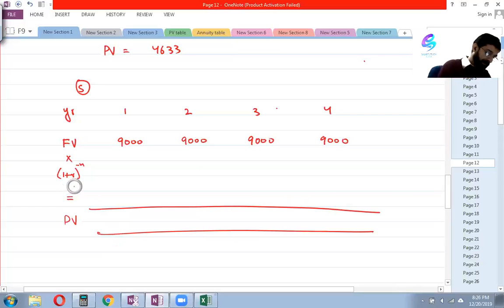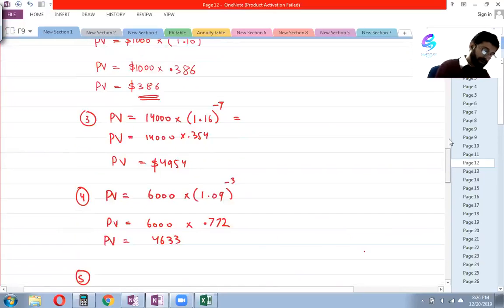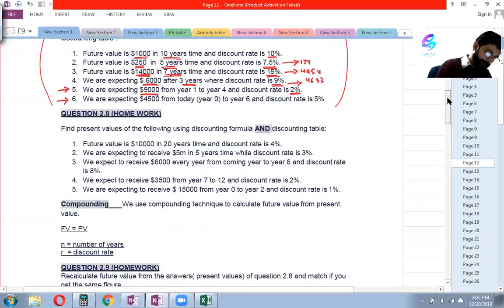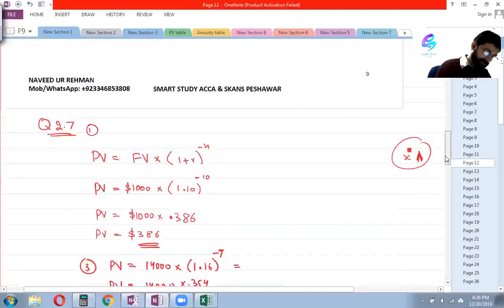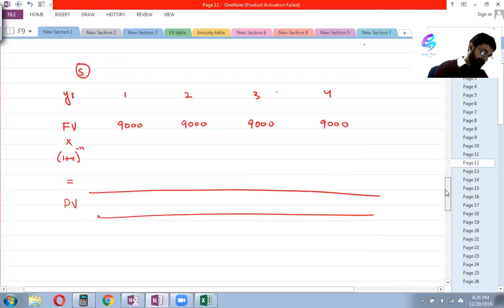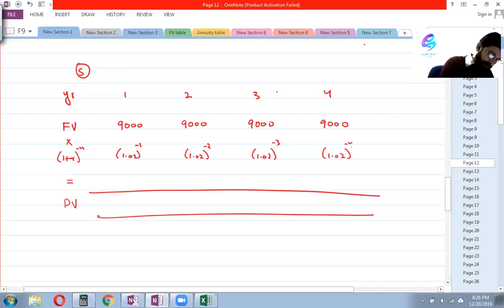So now 1 plus r, what is the value of r? The value of r in this question is 2%. So 1 plus 2% raised to the power minus 1, 1 plus 2% raised to the power minus 2. So that will be 1.02 raised to the power minus 1, 1.02 raised to the power minus 2, 1.02 raised to the power minus 3, 1.02 raised to the power minus 4.